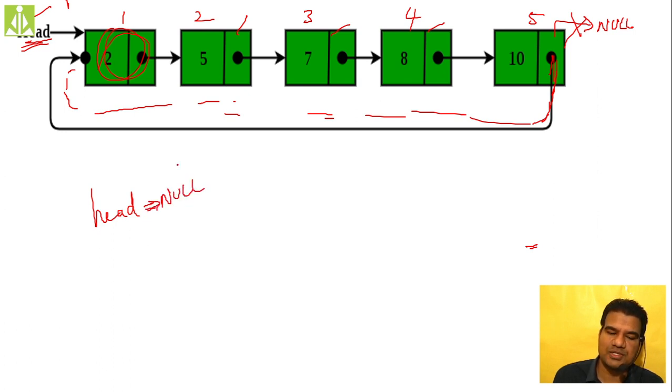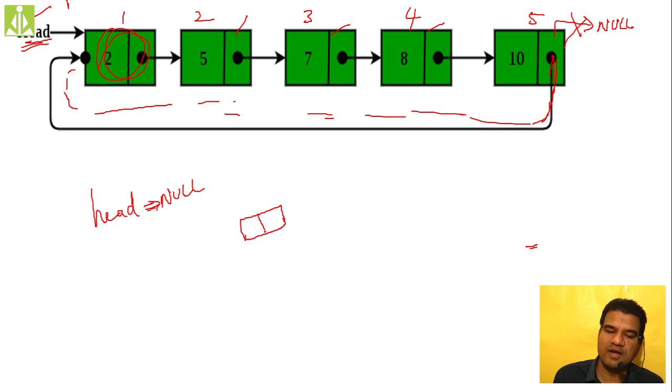It constitutes that your entire linked list is not having any nodes, because of that reason your head is null. Okay, if your circular singly linked list is having a single node, let us say if it is having a single node, this condition is very important.